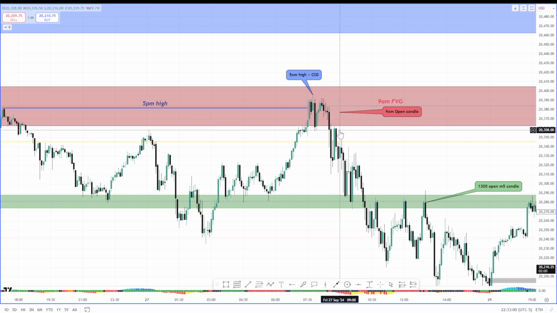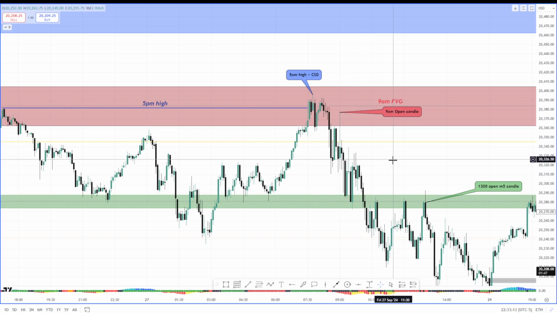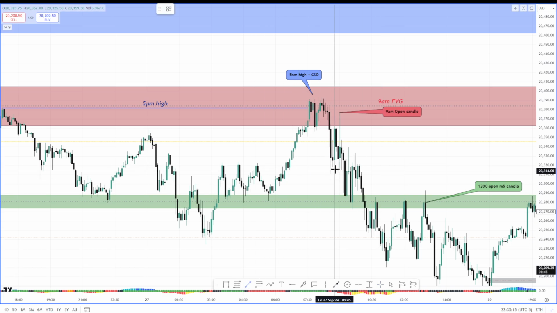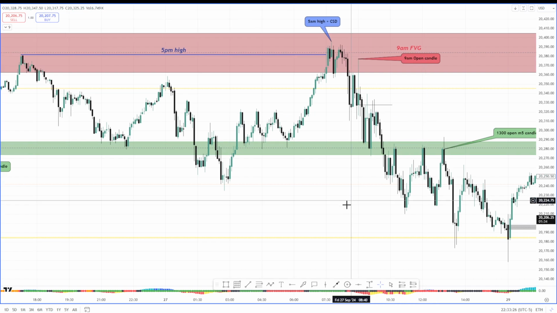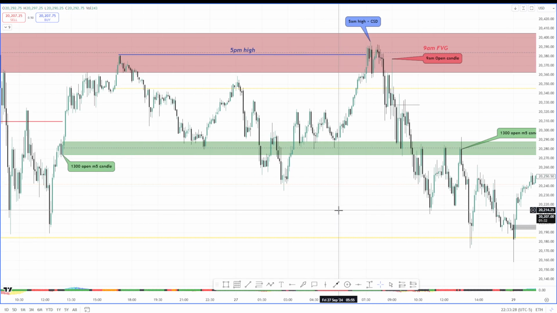So now we have a similar time that's moving into this same timed fair value gap and displaces lower, creating an order block, and then price moves into that order block to build orders and displaces lower.